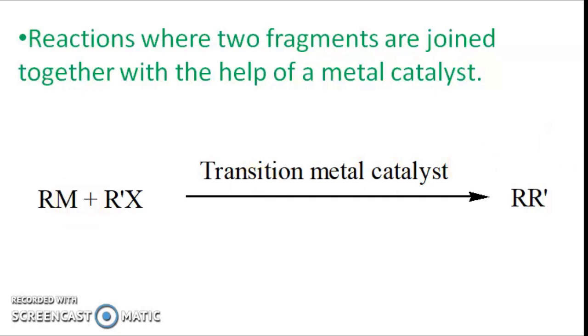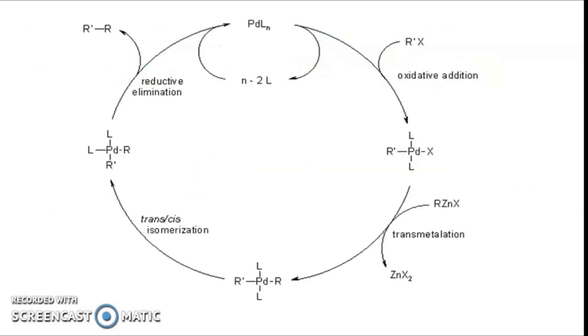Now, let us see the mechanism in general for a coupling reaction. In general, the coupling reaction involves the following steps, and this is the catalytic loop for the coupling reaction. The first step is the oxidative addition, wherein to the transition metal catalyst, the organic halide is added via oxidative addition.